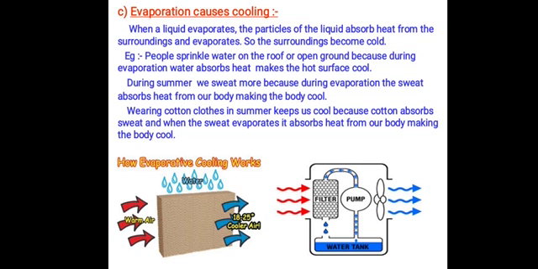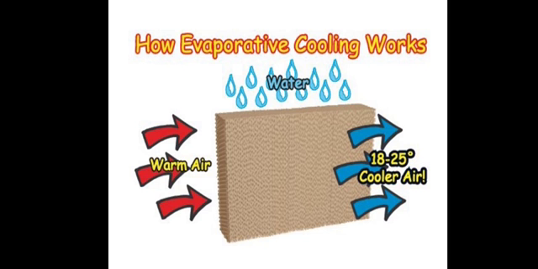For example, people sprinkle water on the roof or open ground because during evaporation, water absorbs the heat and makes the hot surface cool. During summer, we sweat more. And when this sweat gets evaporated, how does it evaporate? Sweat absorbs the heat from our body, making the body cool.